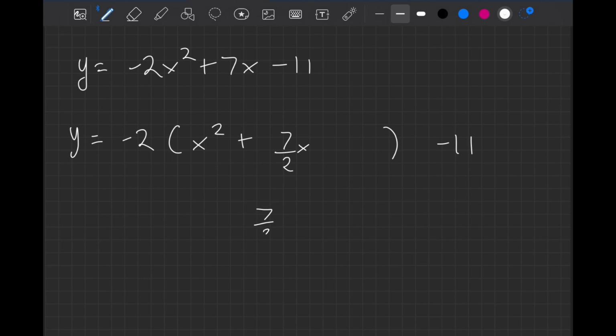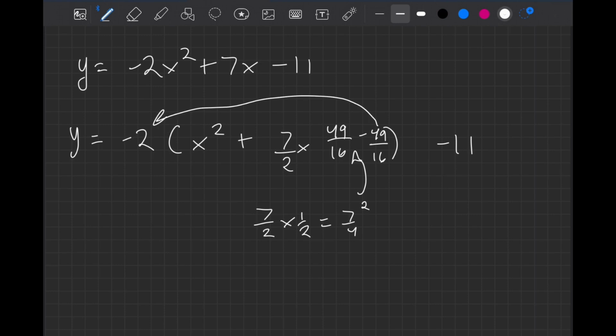And then we're going to go 7 over 2 divided by 2, which is basically multiplying by 1 over 2. So we're going to get 7 over 4. And then we take the 7 over 4 and we square it. So we're going to get 49 over 16, and then subtract 49 over 16 as well. And then we're going to multiply the -1 by the -2 that's out in front, so it would become 49 over 8 and positive.